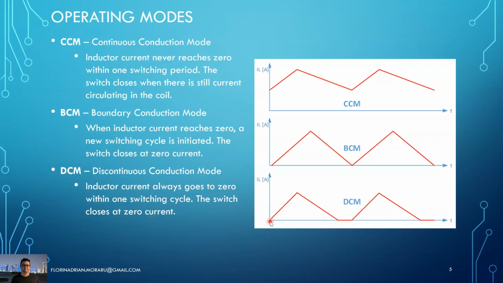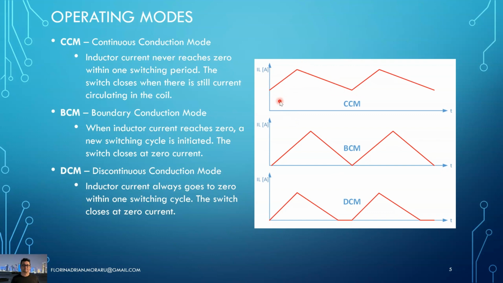Discontinuous conduction mode is, of course, where the current starts from zero. The current in the inductor we are talking about goes up to a certain level, then goes back down to zero, and then there is also a time interval in which it stays there at zero.